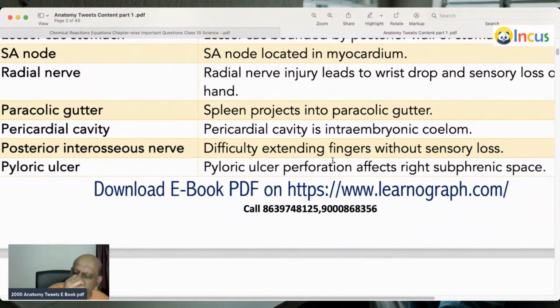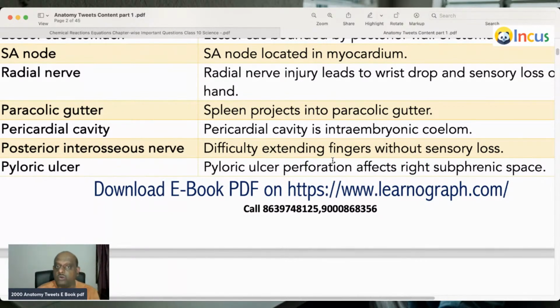The posterior interosseous nerve is a branch of the radial nerve, and whenever that is injured, there is difficulty to extend the fingers. But the posterior interosseous nerve is a purely motor nerve, with no sensory supply. So there will be no sensory loss, but difficulty to extend the fingers is the problem whenever the posterior interosseous nerve is injured.